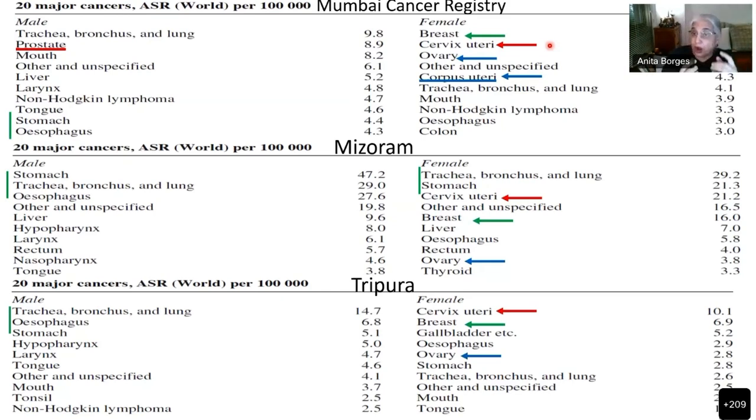Now, once we know about trends, then we can find out why this trend has happened. Why is cervix cancer going down and breast cancer going up? So again, we have to look at factors. Is it something to do with the environment? Is it something to do with lifestyle? And so on. Well, it is not my job over here to tell you all about this, but this epidemiology is extremely important.